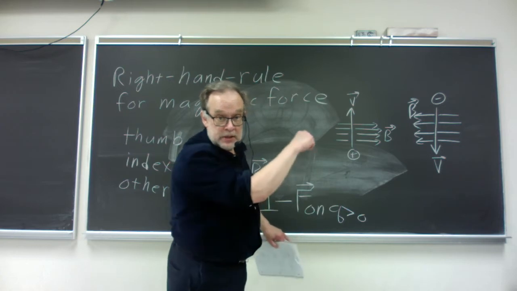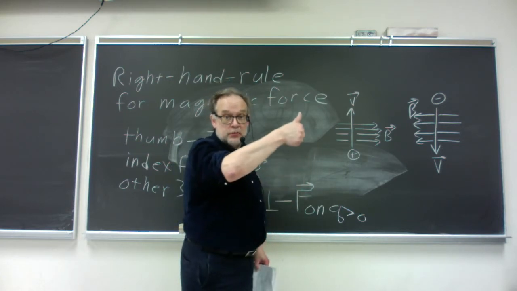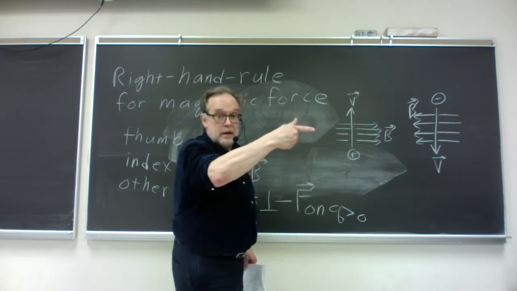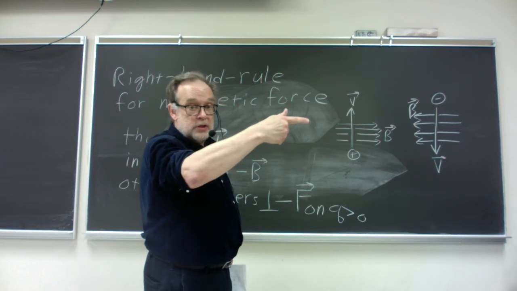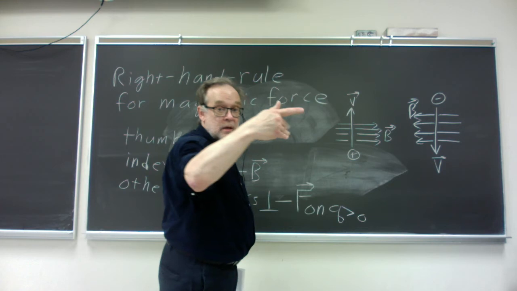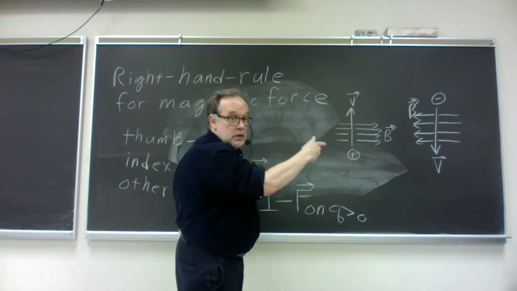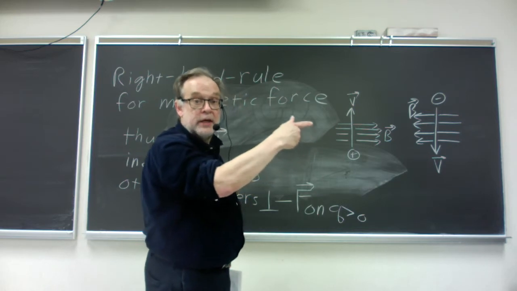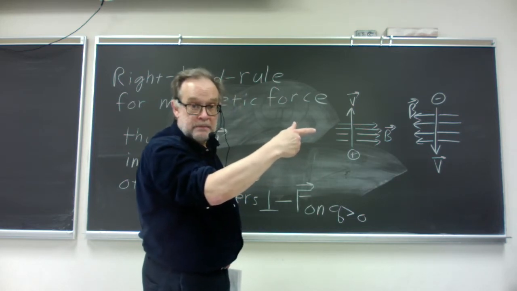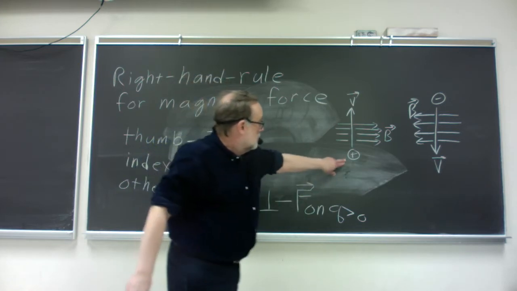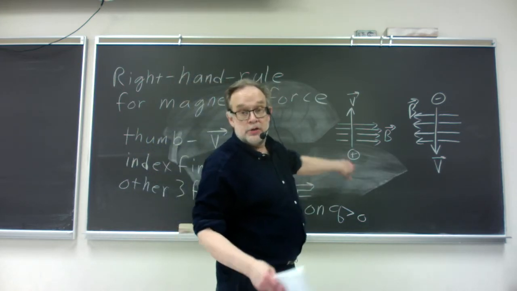So in this case, it's thumb in direction of velocity, index finger in direction of magnetic field, and then when I rotate the 3 fingers clockwise, they're pointing this way, into the blackboard, perpendicular to the blackboard and into the blackboard. So that is the magnetic force on this positively charged particle.